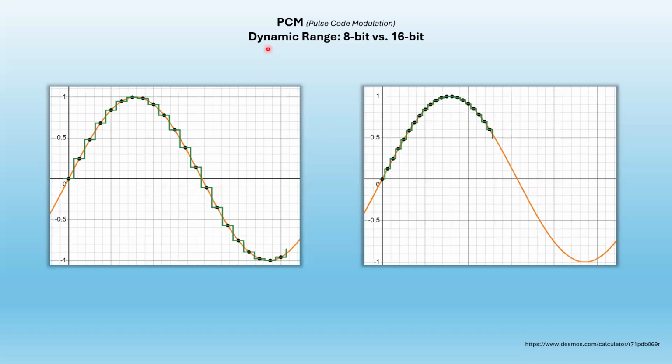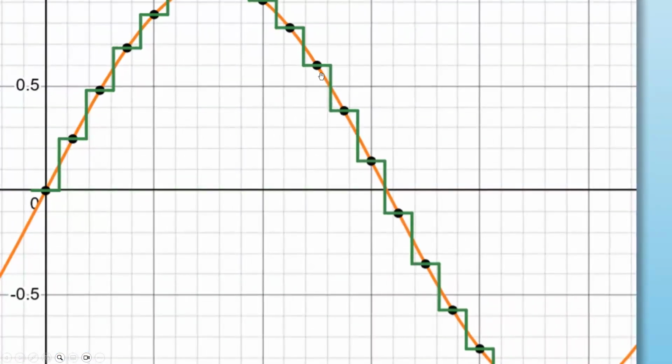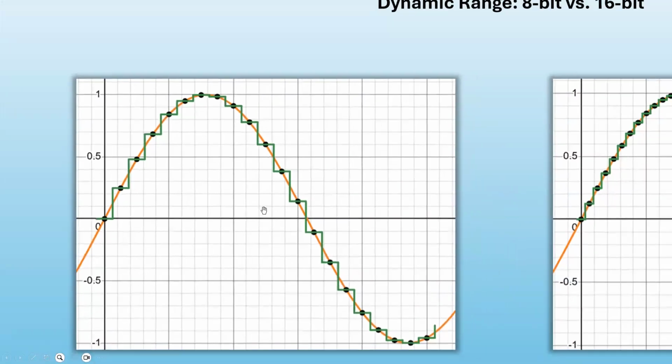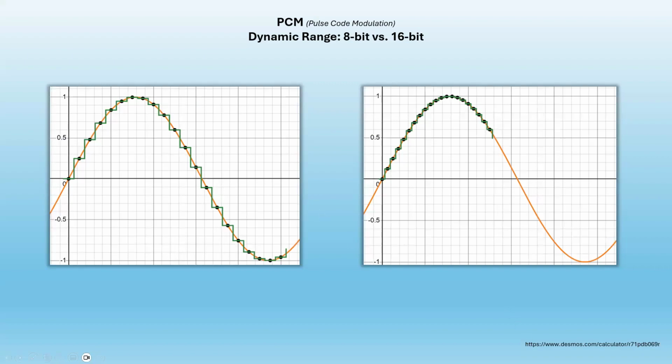All right, dynamic range, 8-bit versus 16-bit. See here? More or less, this is what 8-bit looks like. Don't pay attention to the waveform cycle because it doesn't matter. The sample rate does not depend on the cycle of the waveform. It's a pretty cool site here.